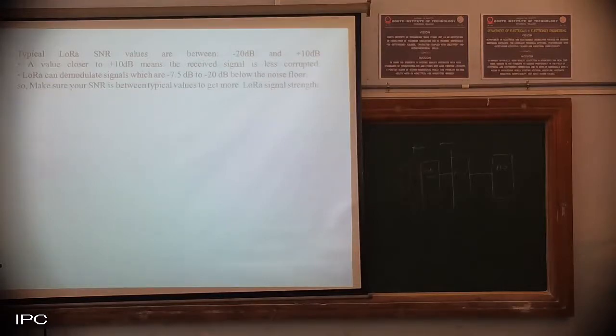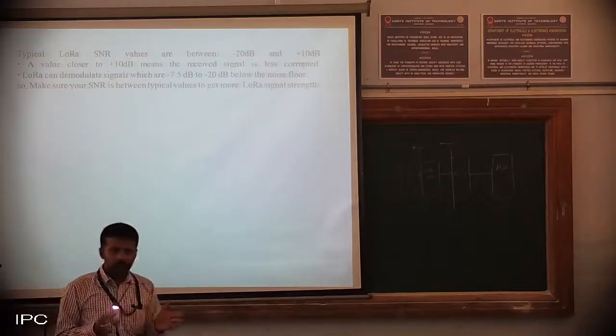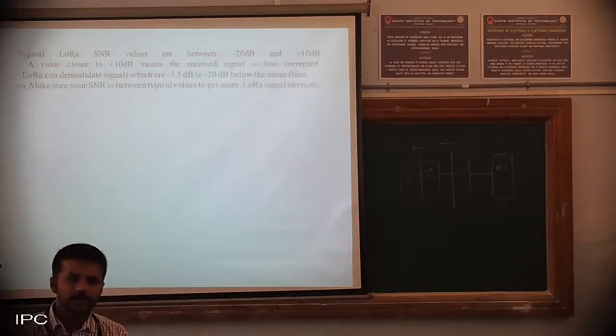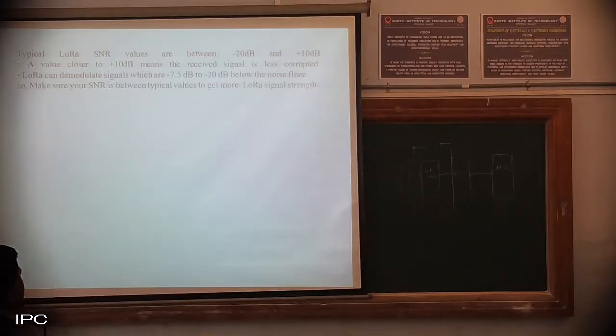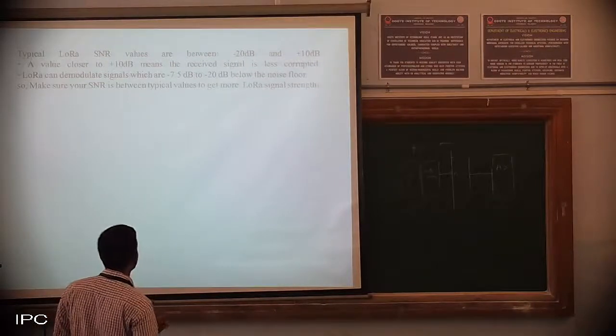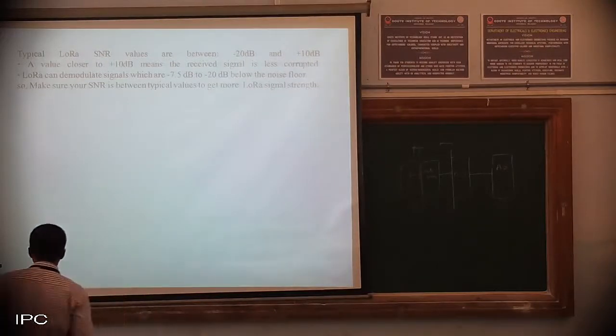So make sure that your SNR is between the typical values to get more LoRa signal strength. Means if the LoRa signal strength is to be improved, we should always have a greater SNR. If the SNR is greater than 0, then it will be very useful to get more LoRa signal strength. That is the meaning of that.